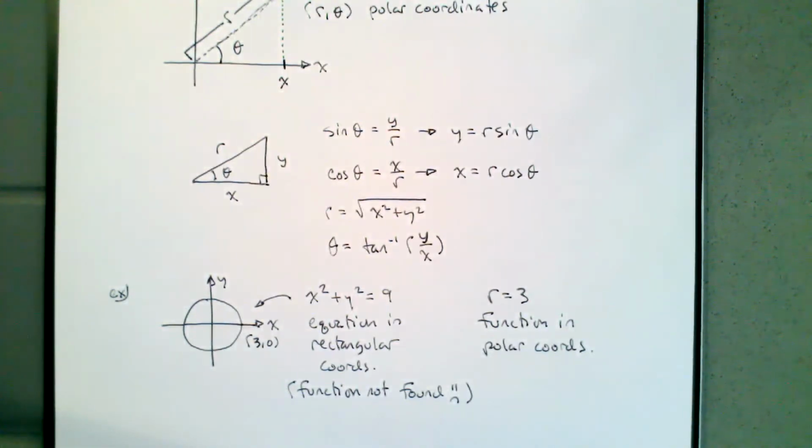One of the things that makes polar coordinates a little bit tricky is that we have spent a lot less time looking at functions in polar coordinates than we have in rectangular coordinates. So we don't have this kind of deep library of functions that we've built up like we have with rectangular coordinates.